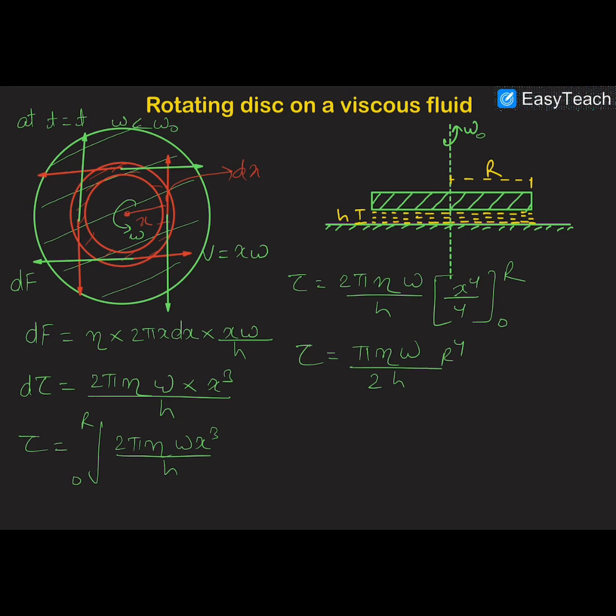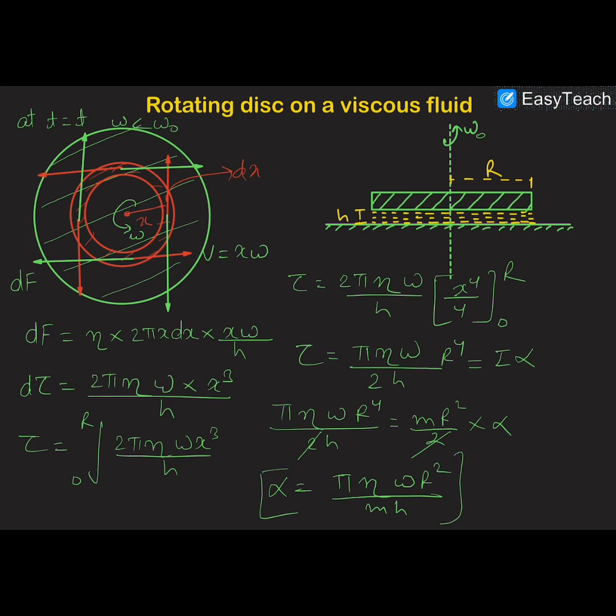We can equate this torque to I alpha to find the angular retardation. The moment of inertia for a disk is m r square by 2, into alpha. Cancelling the 2 with 2, alpha will be equal to pi eta omega r square divided by mh.